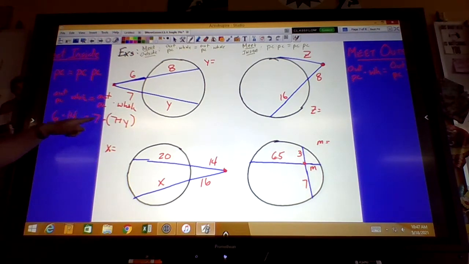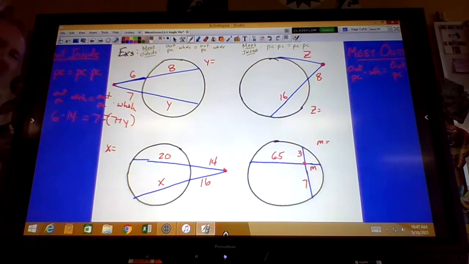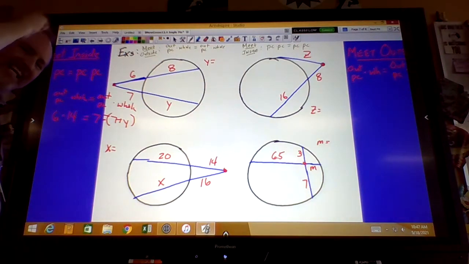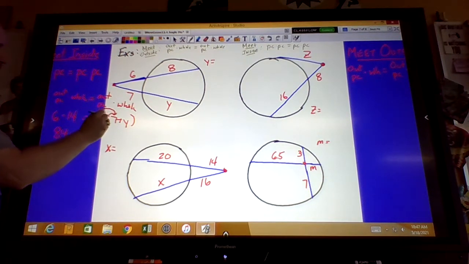Absolutely. You are going to multiply that 7 times 7 and then 7 times y. But first, 6 times 14, you'll never believe what that comes out to be. 84. That's right. And then 7 times 7 you learned in 3rd grade is 49. And then 7 times y you learned in pre-algebra is 7y.